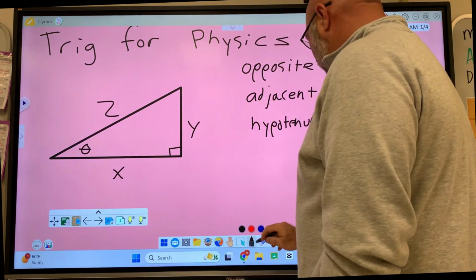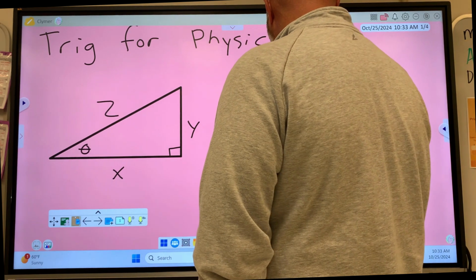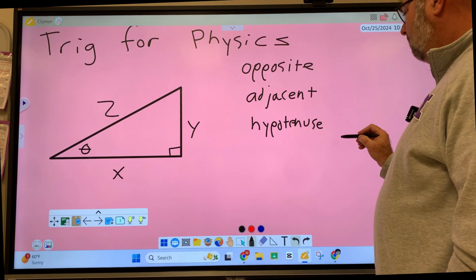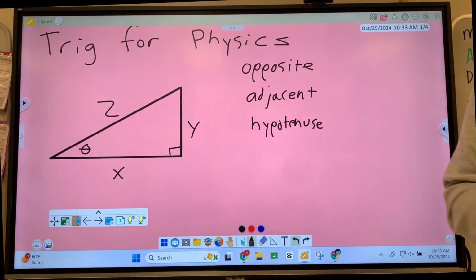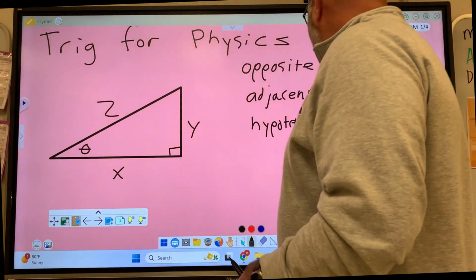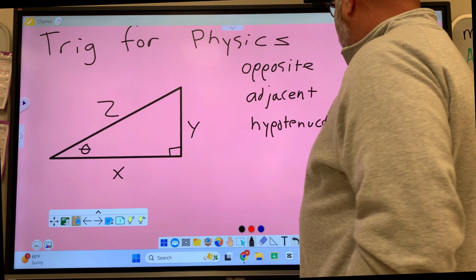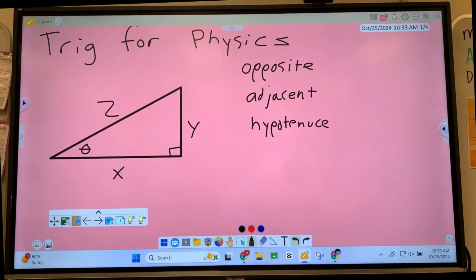Hypotenuse, N-U-S-E, N-U-C-E. That looks really wrong, but I'm going to let it roll. These signs, not math. How do I know how to spell hypotenuse, right? Can't be an S. That looks even worse.